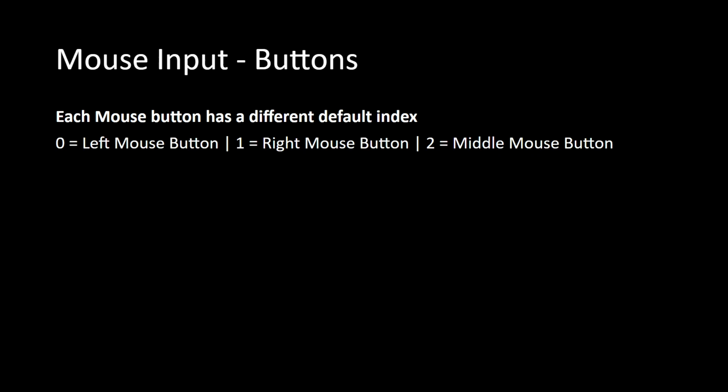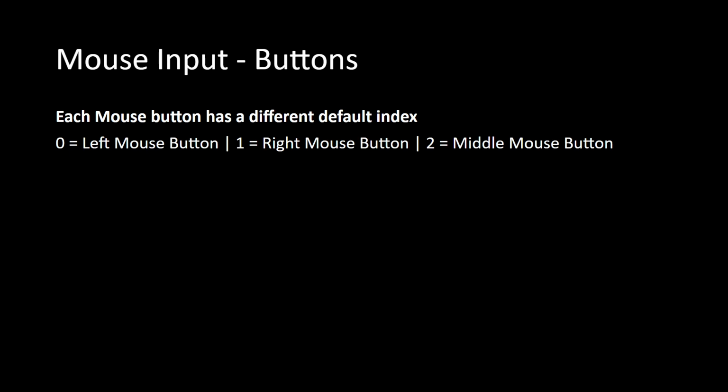Okay. The mouse with buttons. Each mouse button has a different default index. It's designed around a slightly weird thought that once upon a time there were mice that only had one button. So 0 is the left mouse button, the dominant button.